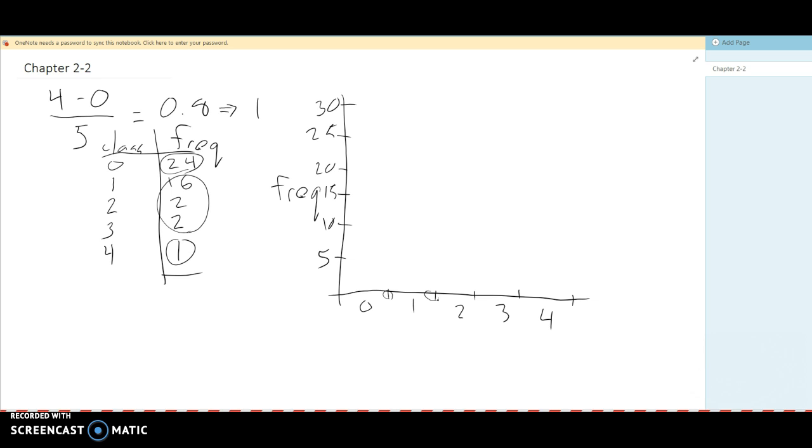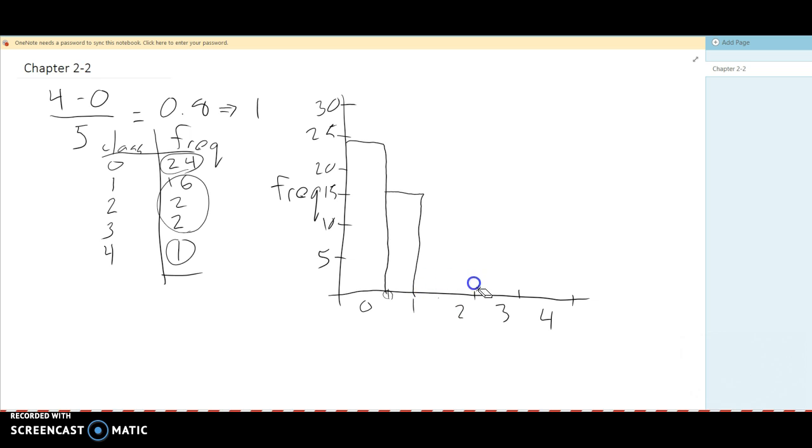So now we're just going to fill in the bars. The first one is 24, so we go right up close to 25 and make a bar. The second one is 16, so slightly above 15, make a bar. The third and the fourth are both 2, so those should both be the same. And the last one, oops, I think I messed that up a little bit.